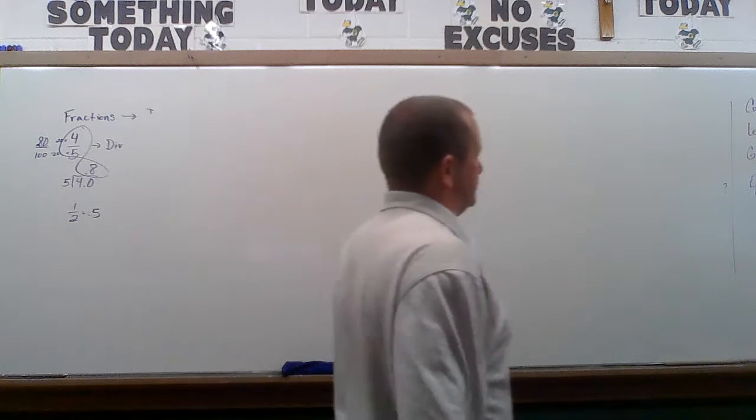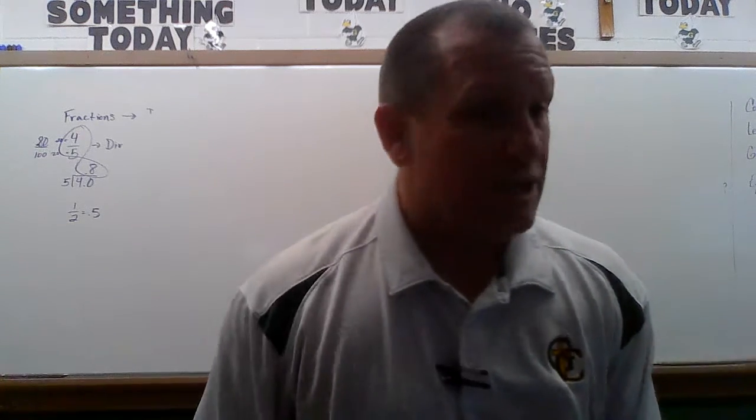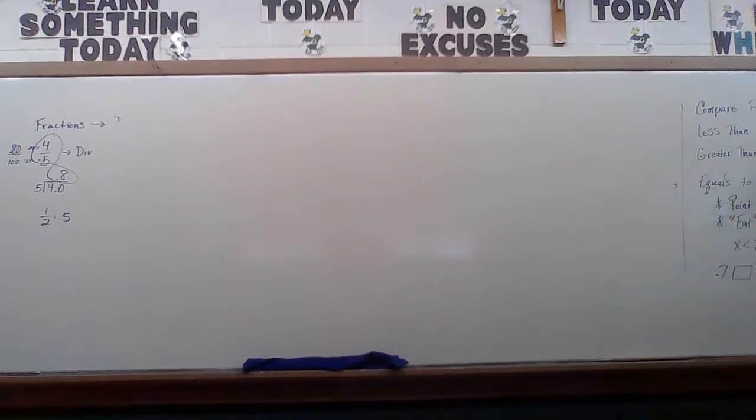And then I believe this was the last thing. We're talking about inequality signs, right? These are inequality signs. And when we talk about inequality signs, we're talking about greater than or less than. And so remember, it always points towards the smaller one. It looks like it's going to eat up the bigger one. And you just have to make sure that you understand how you are reading it. I would always recommend reading it left to right.